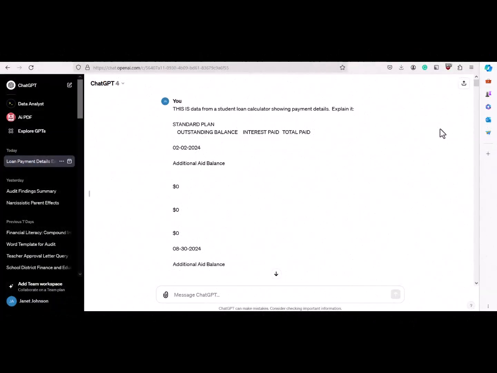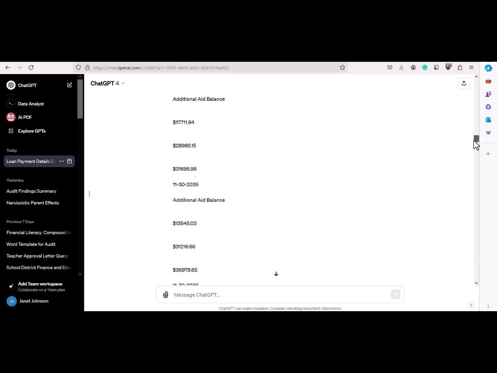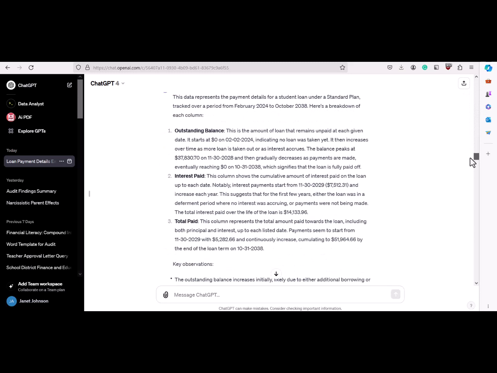So to show you how you can use ChatGPT to help you understand your finances, this is what I did. I wrote, this is data from the student loan calculator showing payment details. Explain it. And then I dumped in the standard plan, and here Chat explained the standard plan to me and what these numbers meant.